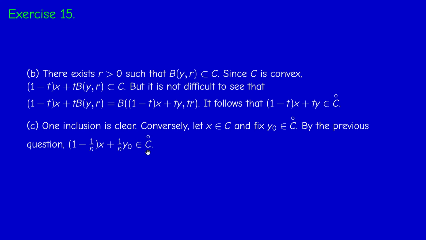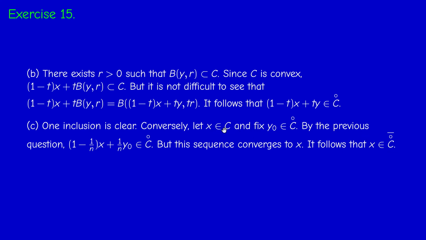For every n. When n tends to infinity, this converges to x. So x should be where? The limit should be in, it's not necessarily in the interior, but it's necessarily in the closure. So x is in the closure of the interior. Okay? So C is contained in this.